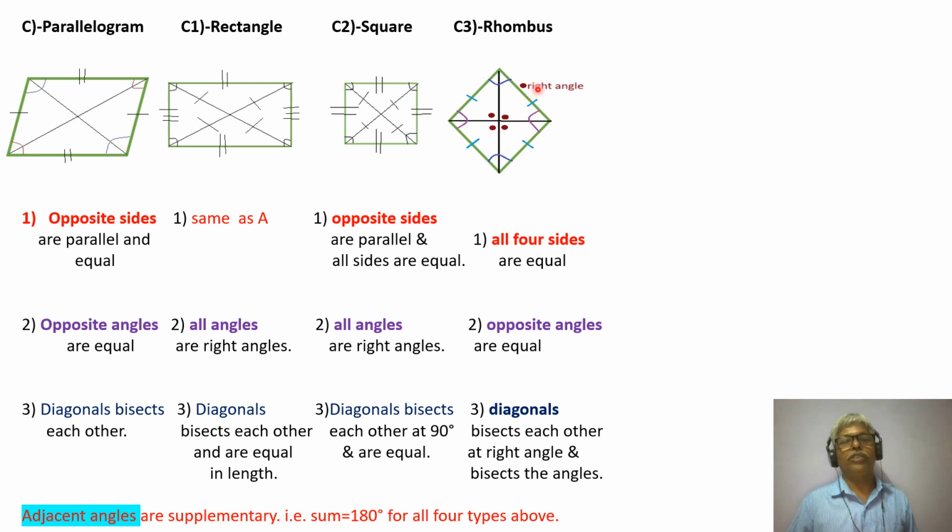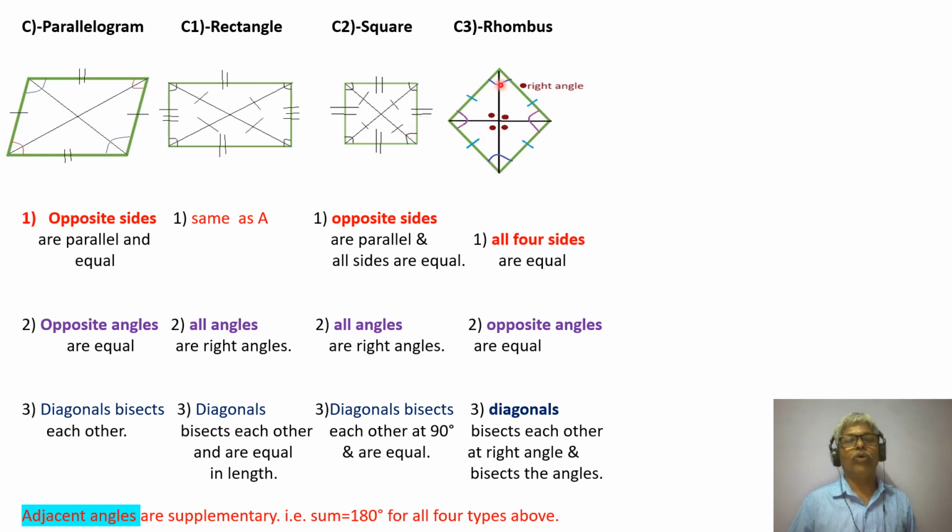The properties of rhombus: all four sides are equal. They are equal here also. But what is the difference? Opposite angles are equal, not that they are 90. Here they are right angles. They may not be 90. In fact they are not 90. Had they been 90, that would have been a square.